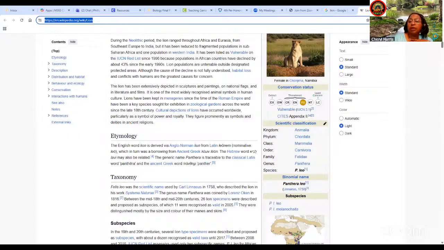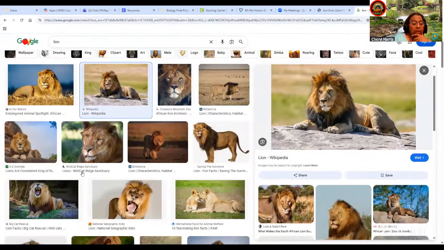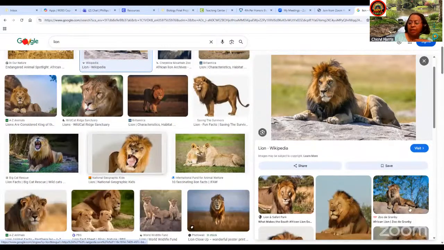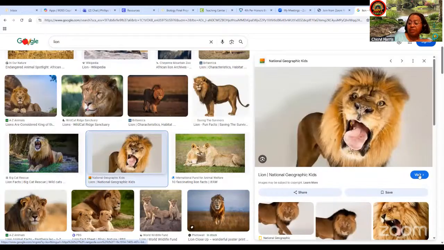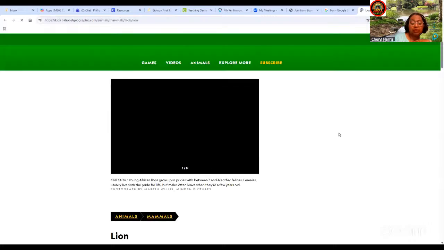Let's see if I can pick a better website. A lot of these are National Geographic Kids. Look at that, that's a terrifying lion. All right, so this would be a better site.